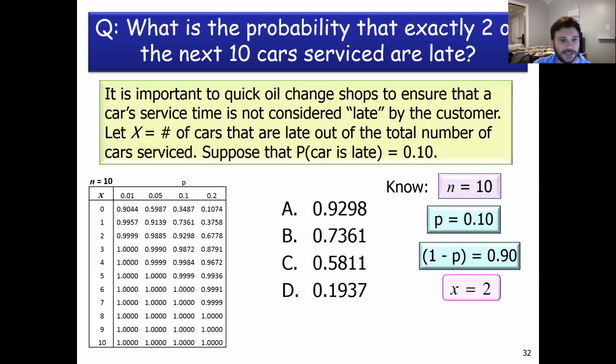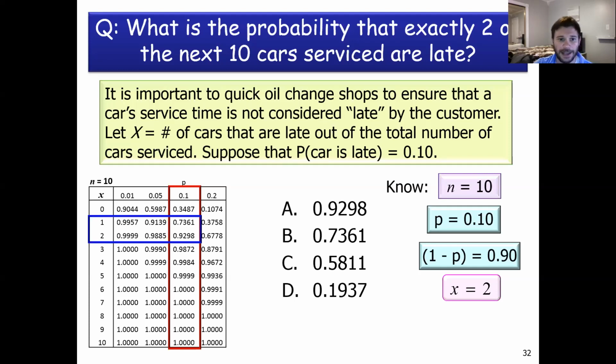I'm going to look up that success probability of 0.1. And again, if they want the likelihood of exactly 2 cars, then we're going to need 2 rows from this table. I'm going to need the row that corresponds to 2 or fewer, which is the row with x equals 2. And then we're going to also look at the row that corresponds to 1 or fewer late cars, which is the row corresponding to x equals 1.